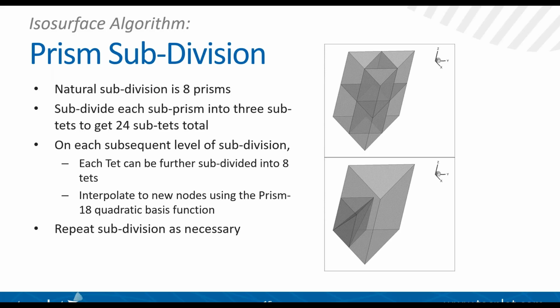In this case, the prism subdivides into 24 subtets. And then on each additional level of subdivision, we deal only with tets. So each of those subtets can be further subdivided into 8 sub-subtets. And again, you interpolate using the overall, in this case, Prism 18 quadratic basis functions, and repeat the subdivision as necessary.